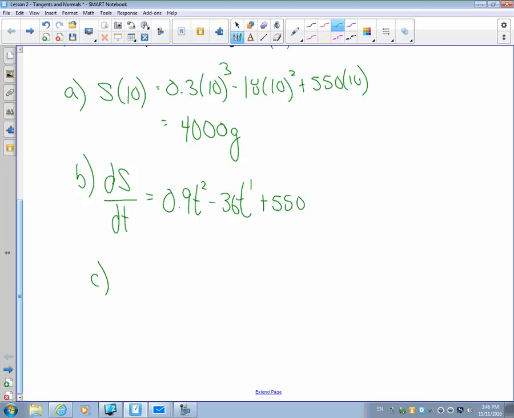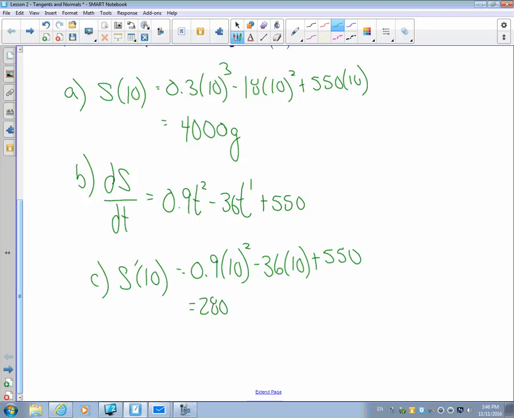Part C asks us to find and interpret S prime at 10. So again, that's just a different kind of derivative notation. S prime at 10 means let's plug in the 10 every time I see a t, but into the derivative this time. Again, we can punch all that into our calculator just the way it looks, and we get 280. What does that mean?